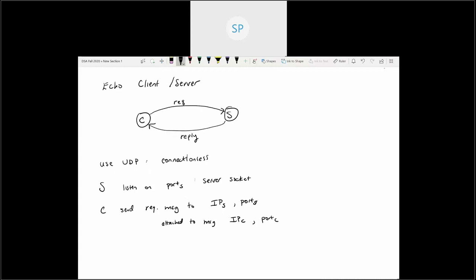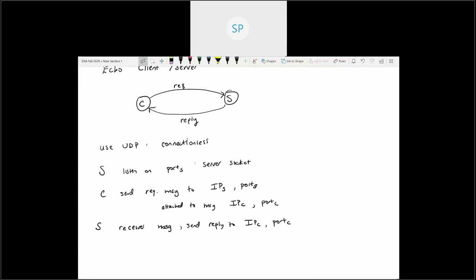So the client sends this message to the server. The server is going to be listening on its port. It's going to receive this message. And it's going to then just immediately send the reply back to the address of the client. So back to the IP of the client, the port of the client, right?